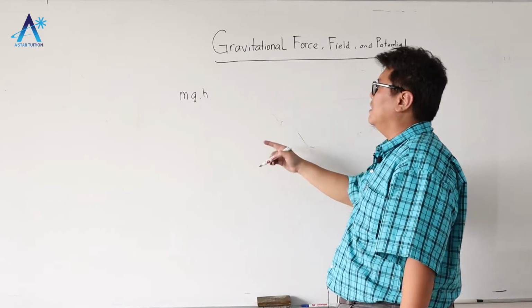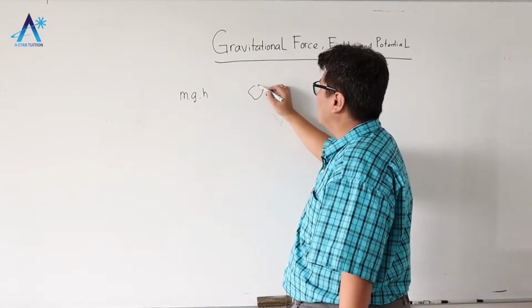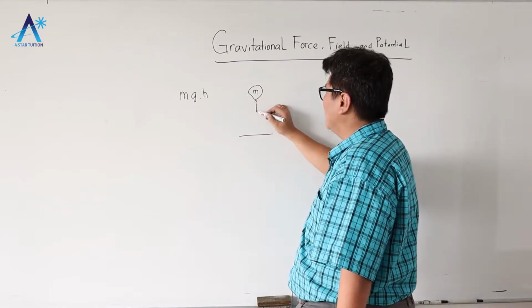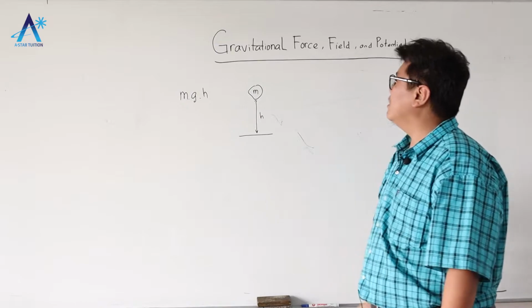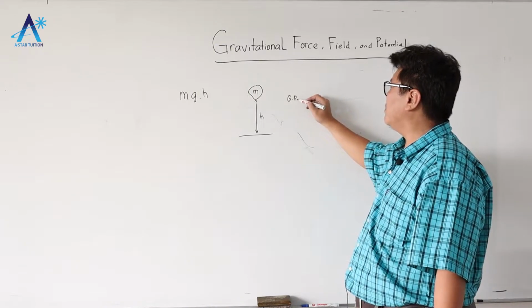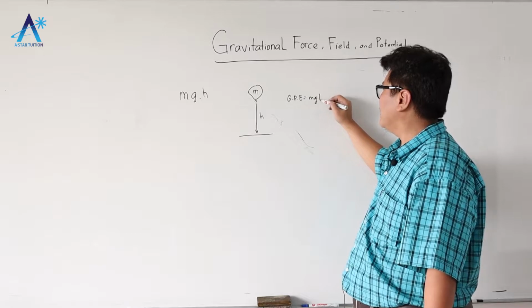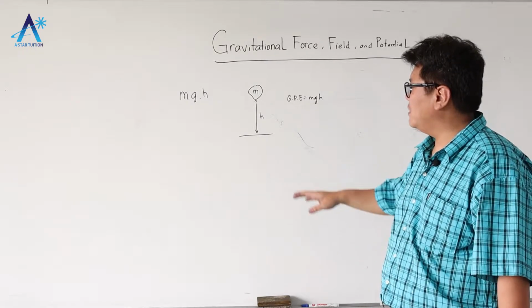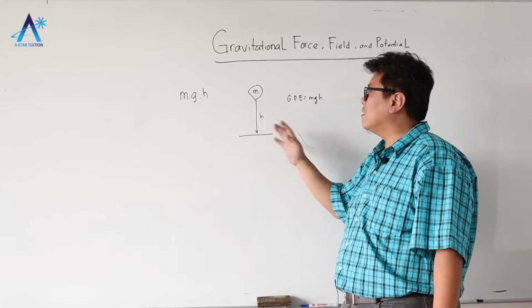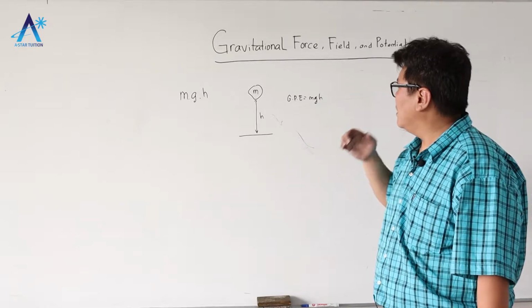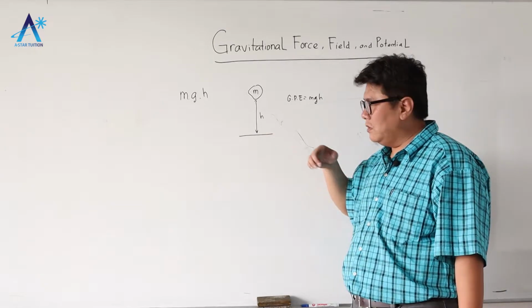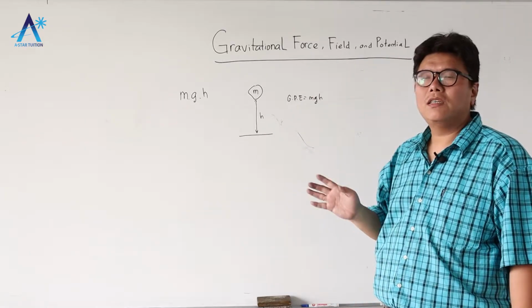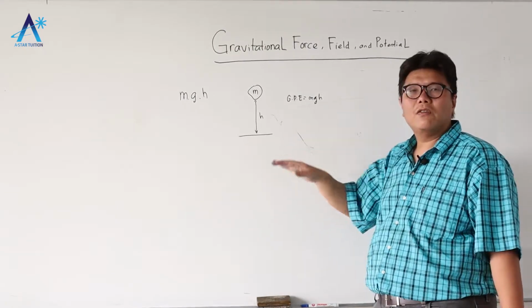So what this tells you is that if you have an object of mass m located at distance h from the ground, then the gravitational potential energy is equal to mgh. While this is true in a lot of everyday situations, because daily we deal with heights or vertical distances much less than 1 kilometer from sea level or from the ground.